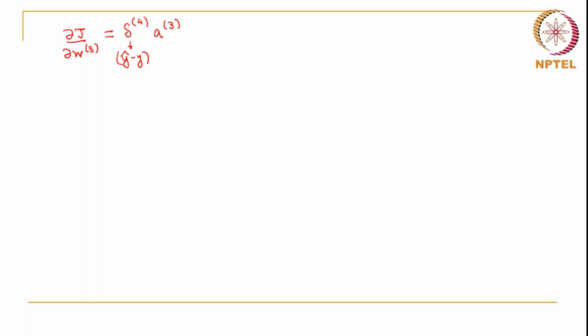Now, if I draw a general relationship of this sort, suppose I know delta L plus 1. Can I find del J del WL? Again, I'll give you a minute to reflect upon it.